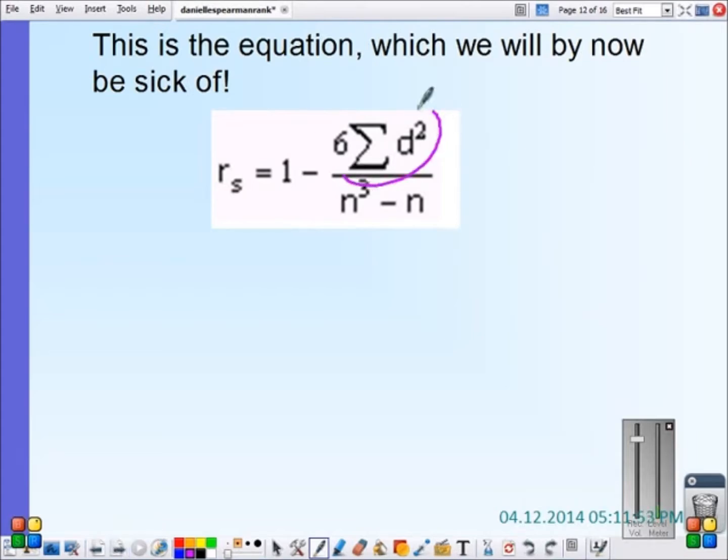We have already established the sum. Remember, we need to take the value we just calculated away from 1. So now we have 1 minus 0.1119, which is equal to 0.888.